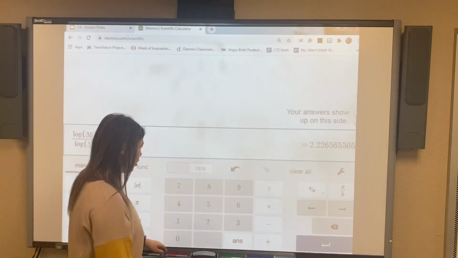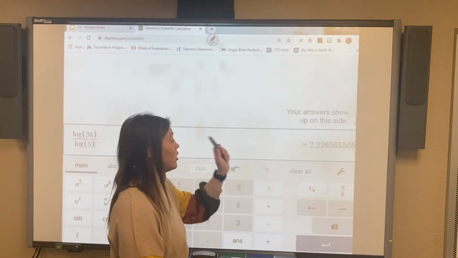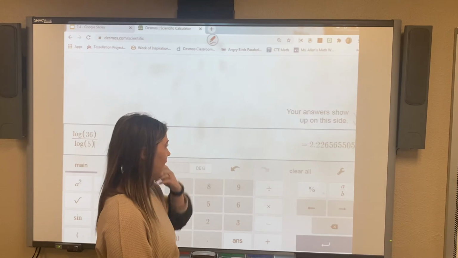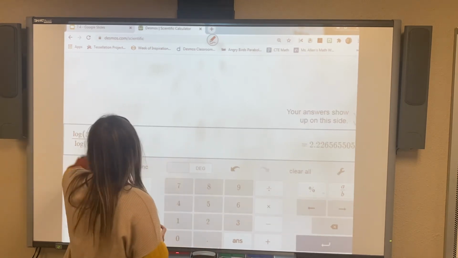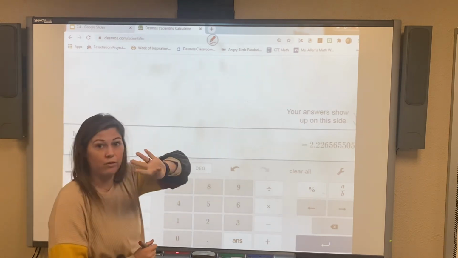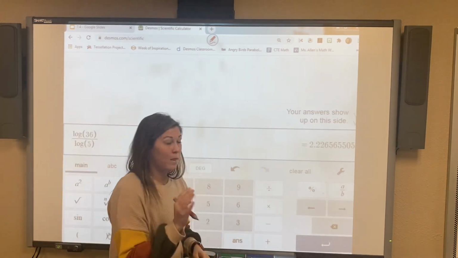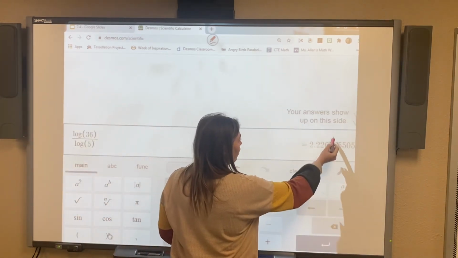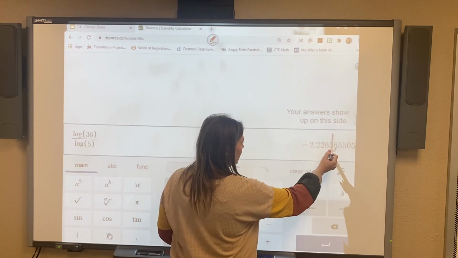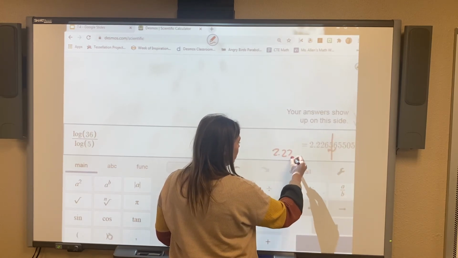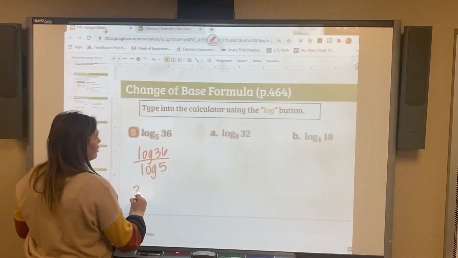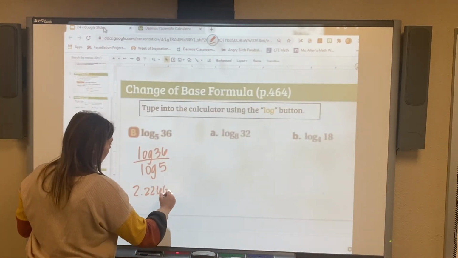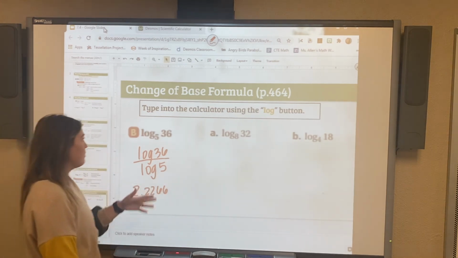Okay, and we get 2.226565. I don't know what we want to round it to. Let's round it to 4 digits. So we have 1, 2, 3, 4 there. The 6 rounds this up, so it'd be 2.2266.